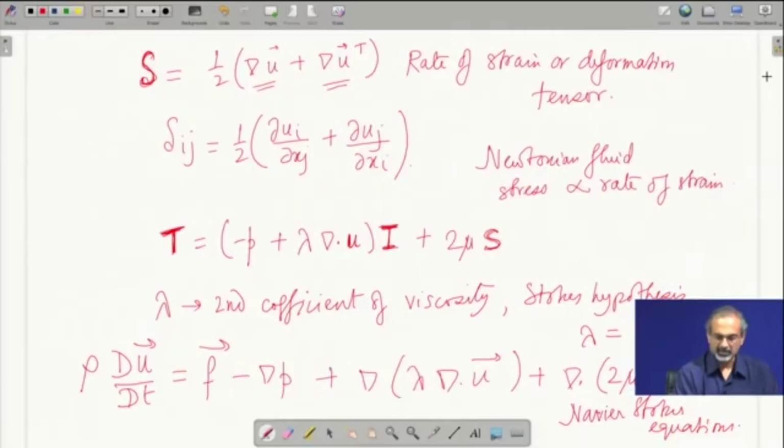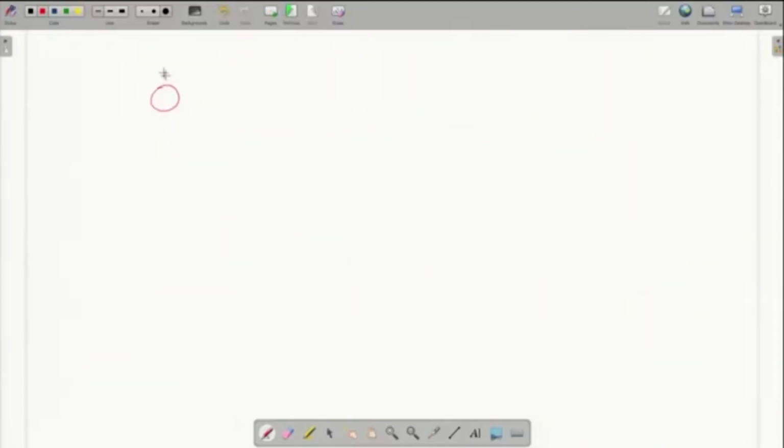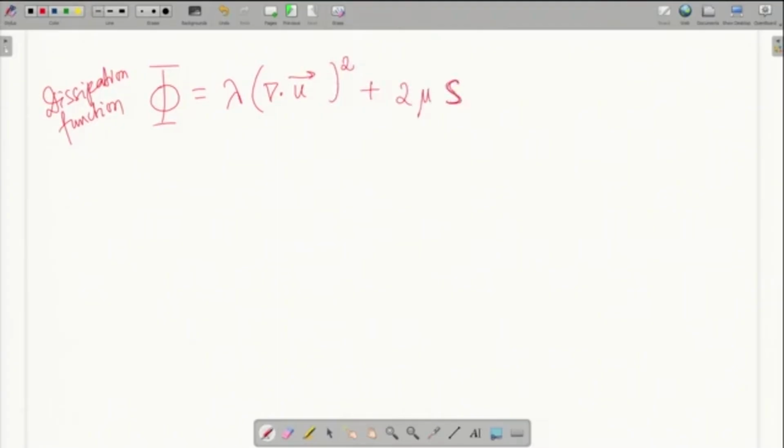And if we just try to recall, this dissipation function capital phi is essentially lambda times divergence u whole square plus 2 mu times the scalar product of S. We recall that S is the deformation tensor.